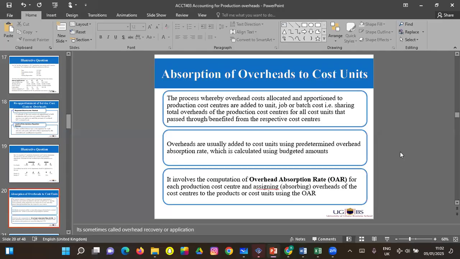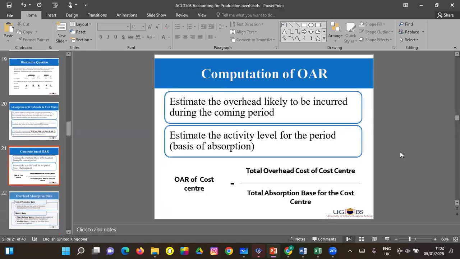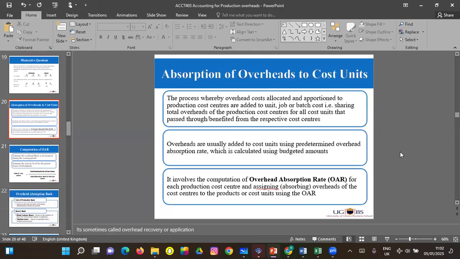So absorption of overhead is a process whereby cost is allocated, and we've already spoken about this. Overheads are usually added to costs using a predetermined overhead absorption rate, which is calculated using budgeted amounts. It involves the computation of the overhead absorption rate, which is OAR, for each production cost center and assigning or absorbing overhead of cost centers to the product or cost units.